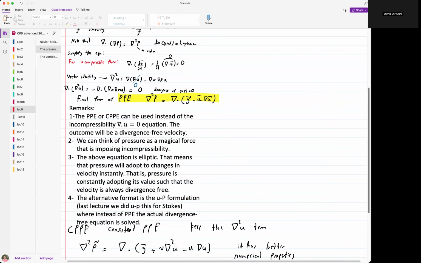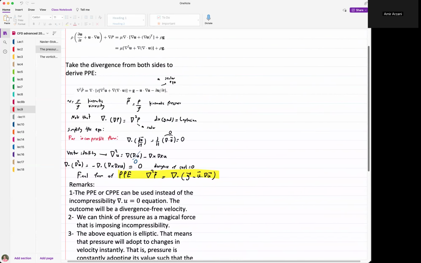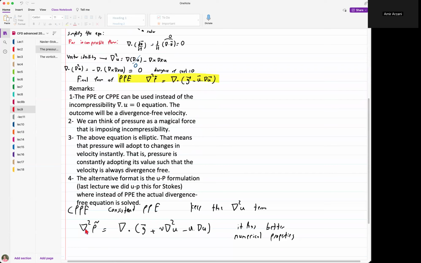Now, there's also another form of the pressure Poisson equation known as the consistent pressure Poisson equation, where we do not ignore this divergence of the Laplacian. Even though mathematically we can easily prove that the divergence of the Laplacian of u is 0, in practice, second derivatives are tricky to deal with numerically, right?